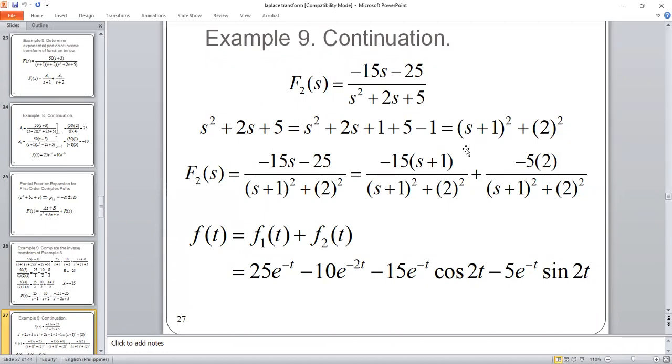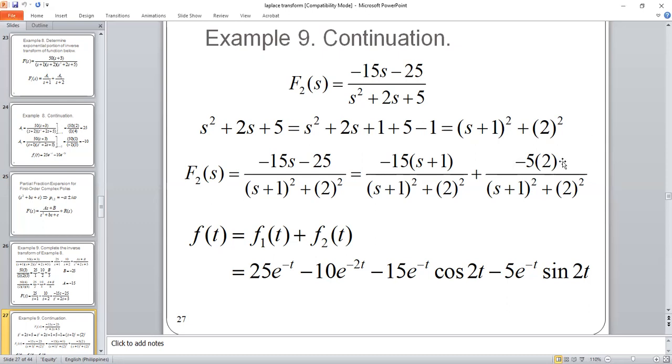If you have this, you have negative 15s minus 15. The original is minus 25. What do you lack? Minus 10. If you add these two fractions, it's still equivalent to this one, the original. So now your minus 10 was just written in a manner that way.